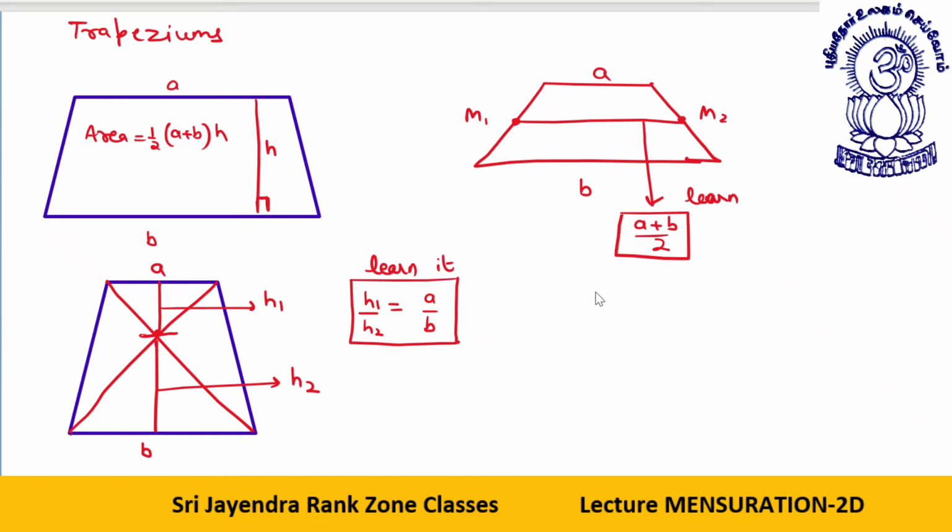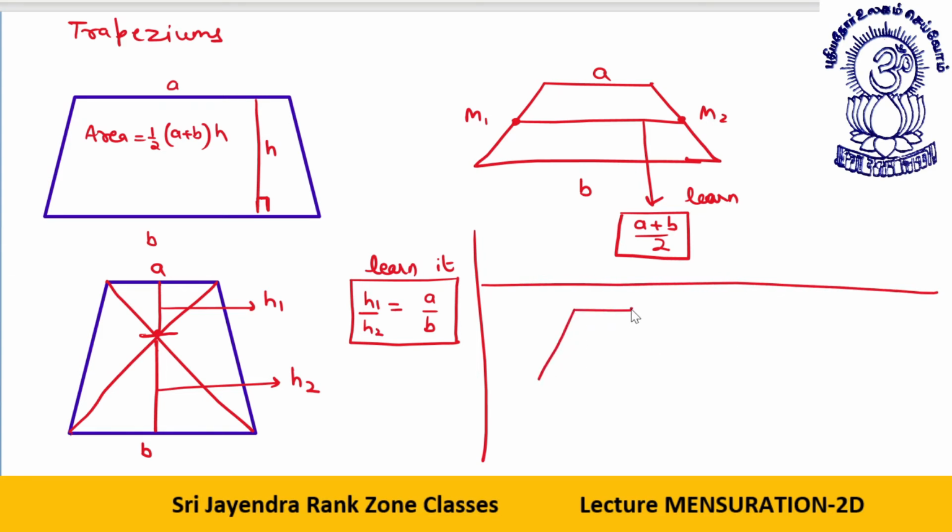Now comes the most important thing. Let's say I have a trapezium like this. This side is A, this side is B. I join this side. Let's say this is point P, this is point Q, and the ratio from here to here to here is, suppose, 2 is to 5.